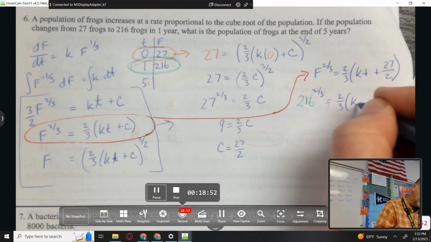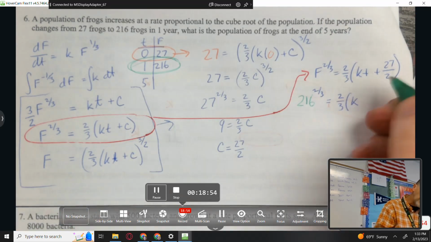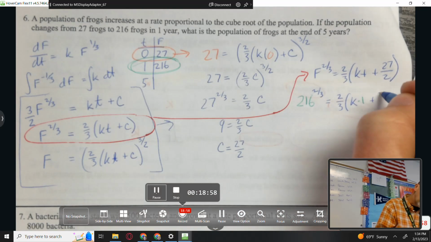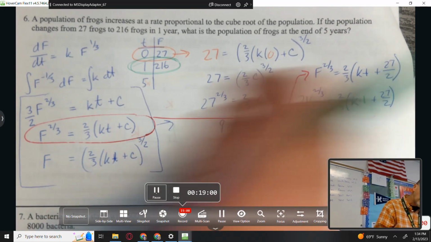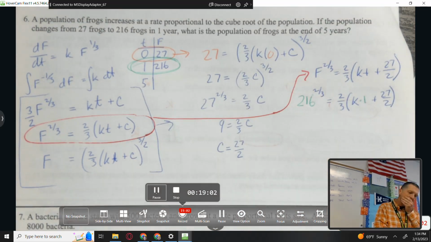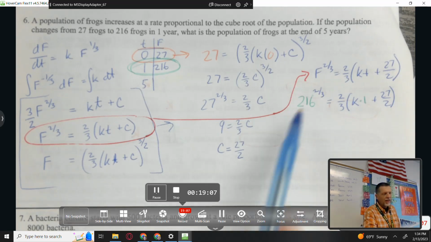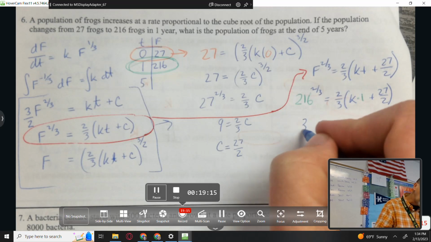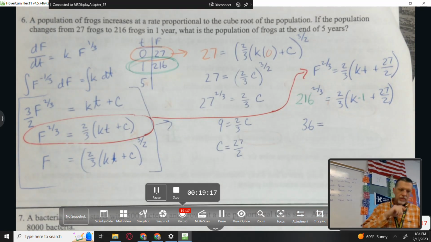K times 1 plus 27/2. I think 6 cubed is 216. So the cube root of 216 is 6. 6 squared is 36. So it wasn't terrible after all.